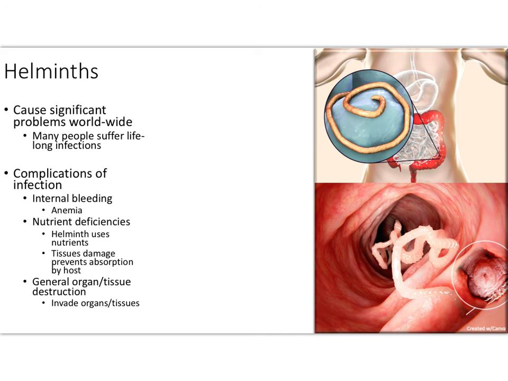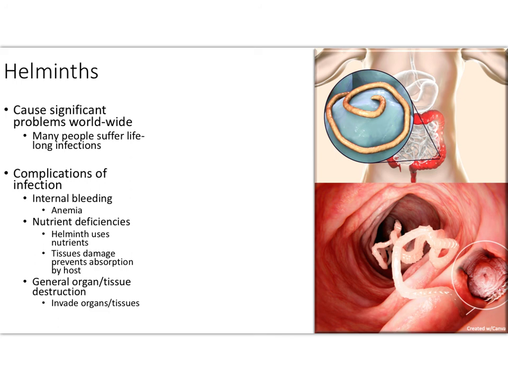And then kind of related to internal bleeding, nutrient deficiencies, everything else, just the general organ and tissue destruction that occurs when a helminth invades the tissue or the organ causes problems for the person. If you think about the liver being invaded by a bunch of different worms, or the GI tract being invaded by a bunch of different worms, those organisms take up space, they cause damage, they steal nutrients, etc. And they basically just interfere with the proper functioning of the organ or tissue or whatever structure the body is supposed to perform.